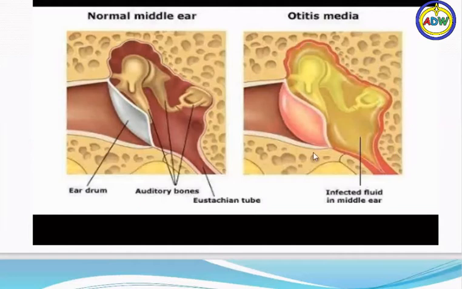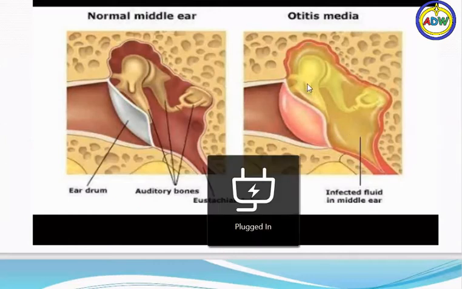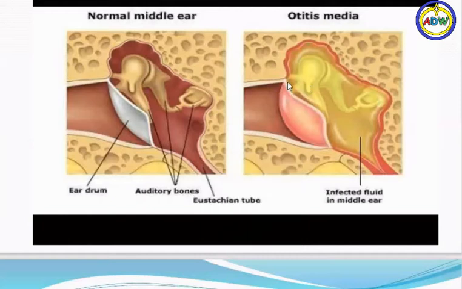When infected fluid is present in the middle ear, you can see that the view is like that. And of course, among the walls of the tympanic cavity and the middle ear, the weak place is the lateral wall.